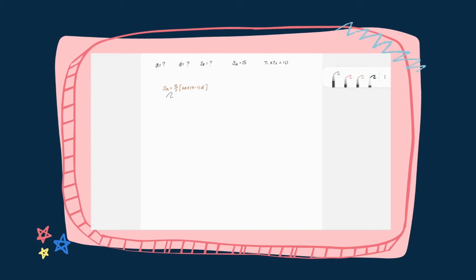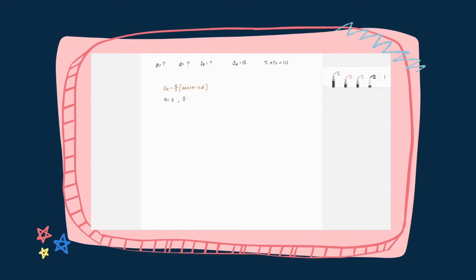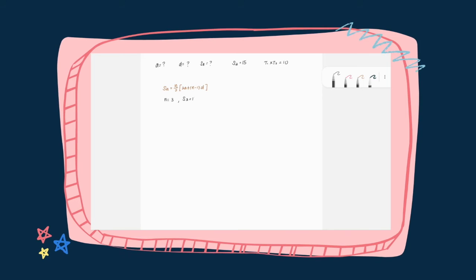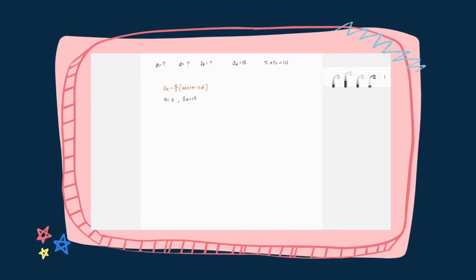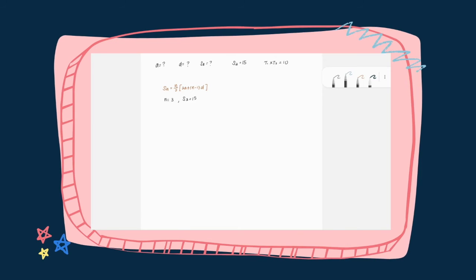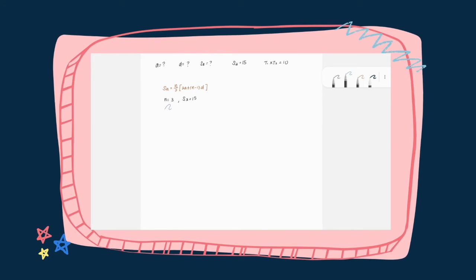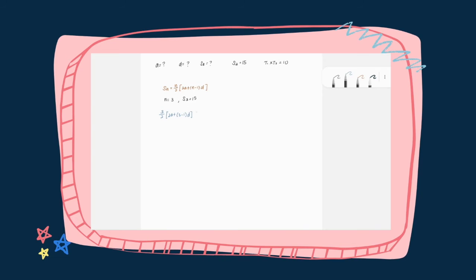So our n is equal to 3, and we know that the sum of the first 3 terms is equal to 15. Substitute the values into the formula, and we will get 3 over 2 multiplied with 2a plus 3 minus 1 multiplied with d equal to 15.